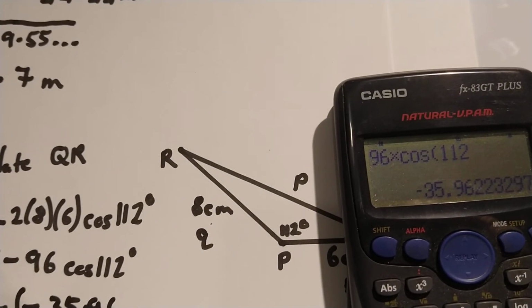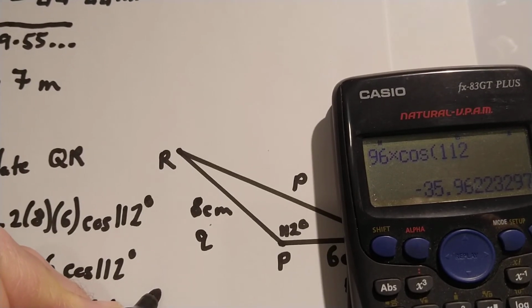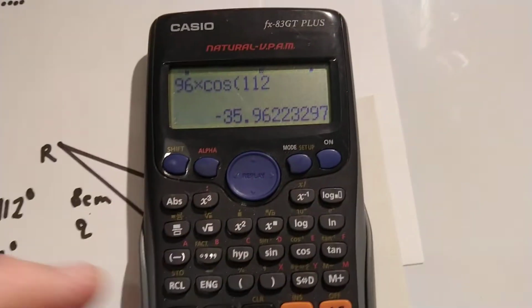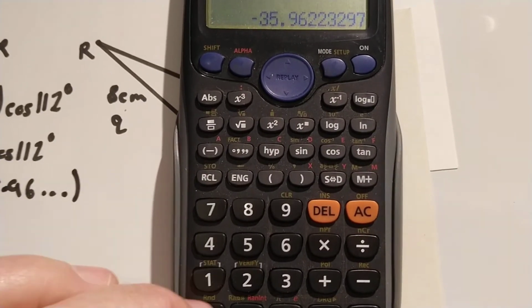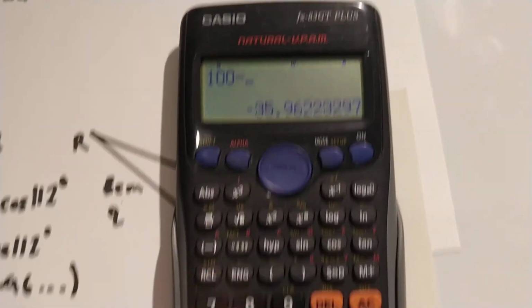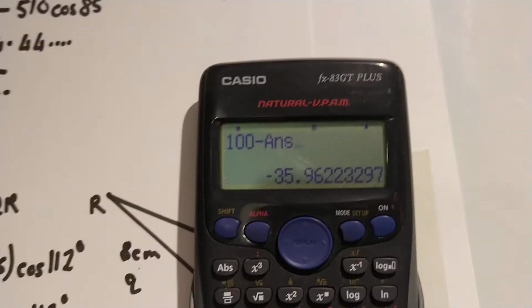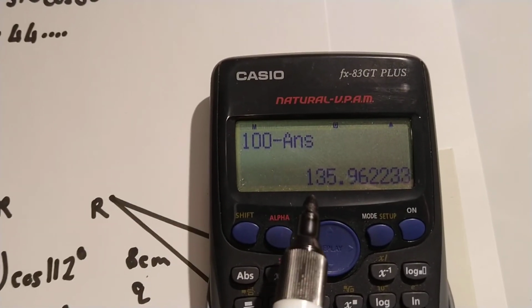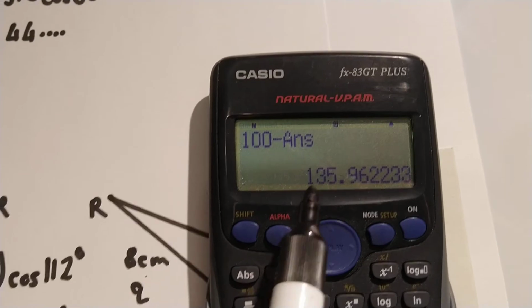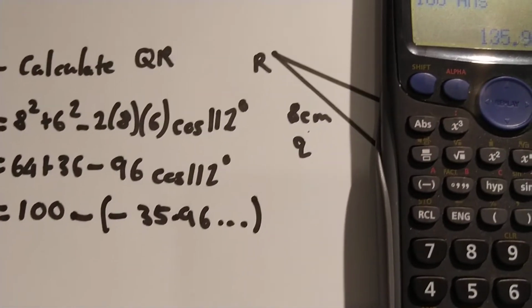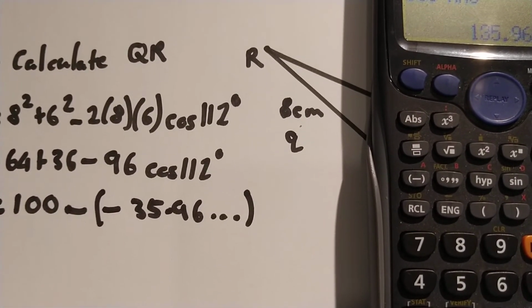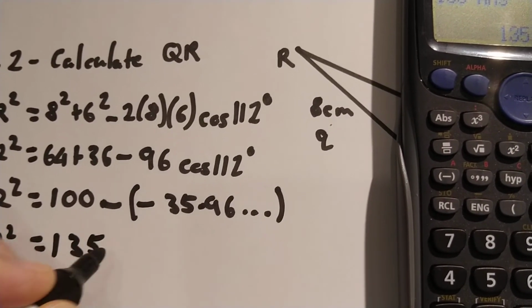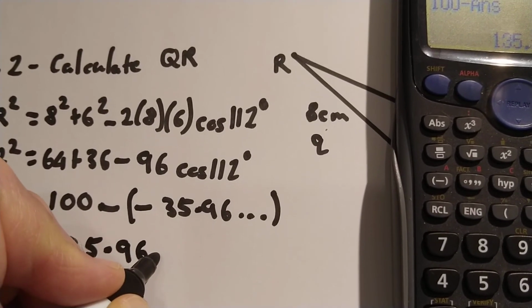I'm going to keep it precise by not rounding until the very end. As precise as possible. So again, on my calculator, I'm going to do 100, subtract, and use the answer button. And it automatically has gone to something bigger than the 100, because take away negative, of course, becomes an add. So my QR squared here becomes 135.96, blah, blah, blah.